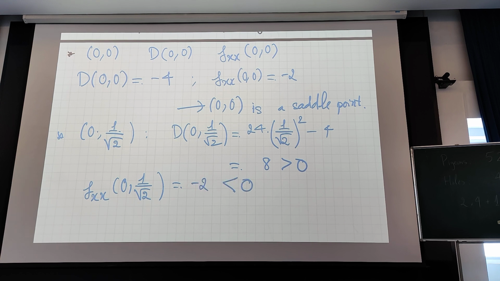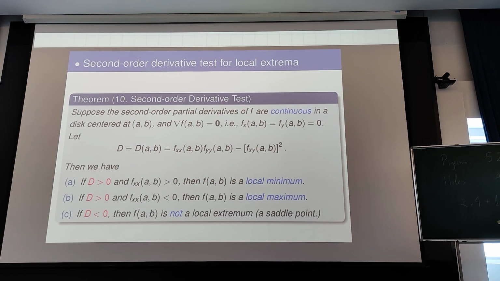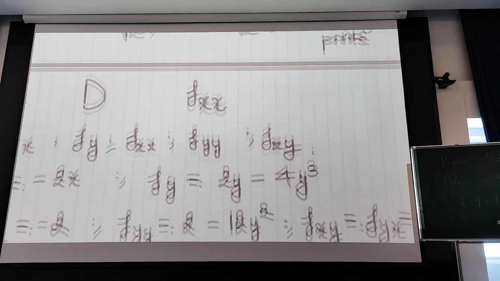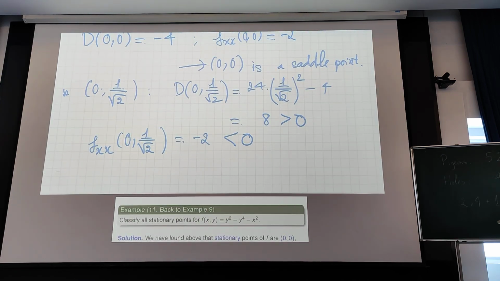less than 0. So let's take a look again at the second order derivative test. So it is the second case, right? When the discriminant is positive and the second order derivative is negative, then we have a local maximum. That means f at (0, 1 over square root 2) is a local maximum.